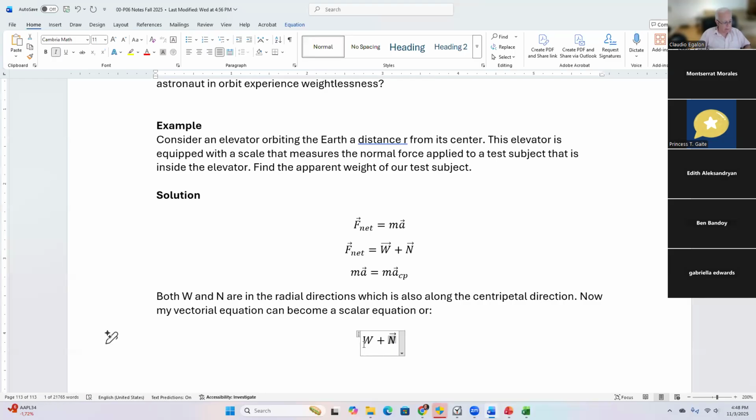Instead of N vector, we're going to write now N scalar. And those numbers can be either positive or negative. And that's going to be equal to mass times centripetal acceleration. Okay? We do know that at least the weight is in the same direction as the centripetal acceleration. We are going to find out what's going to be the normal, right?